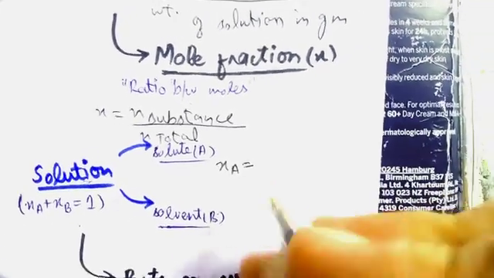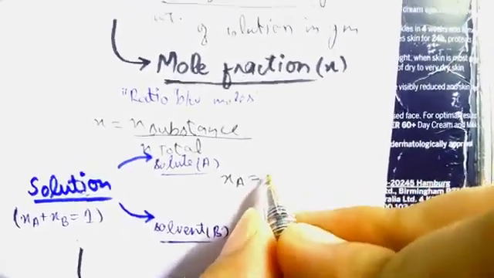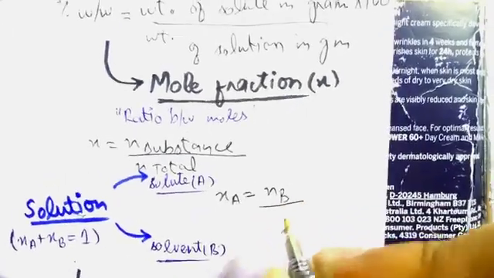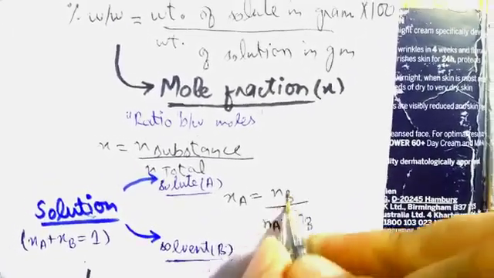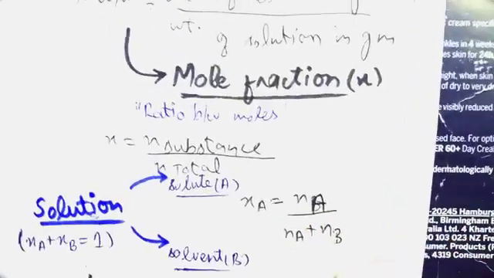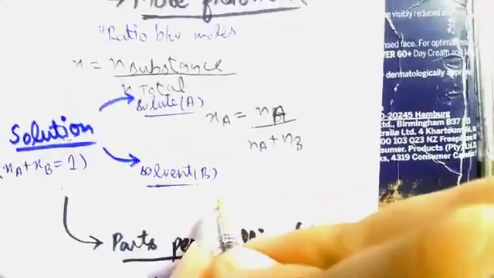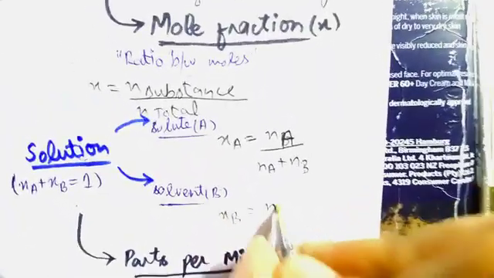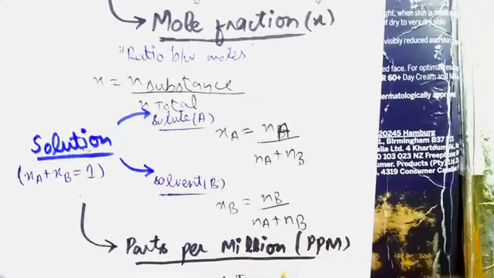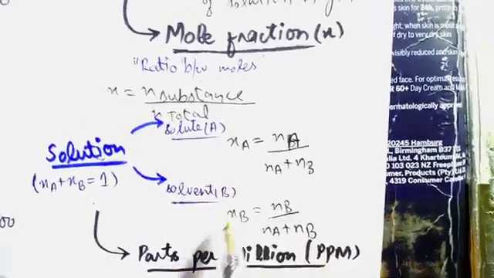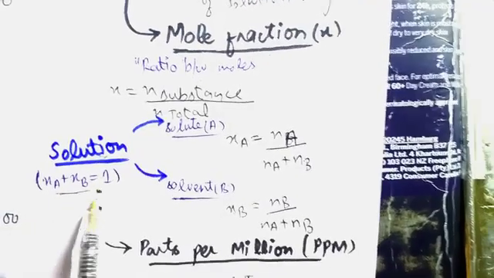If we find the mole fraction of A, then XA equals NA divided by NA plus NB. And if we find the mole fraction of B, then XB equals NB divided by NA plus NB. If we add both XA and XB, the answer will always be unity.